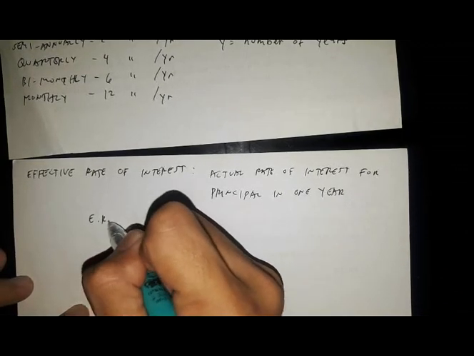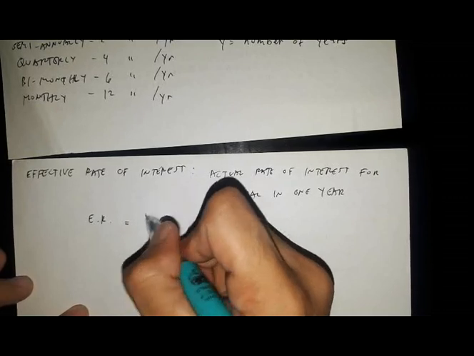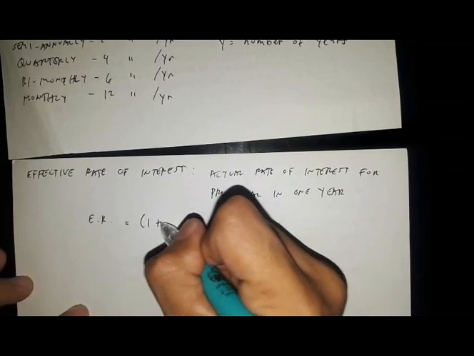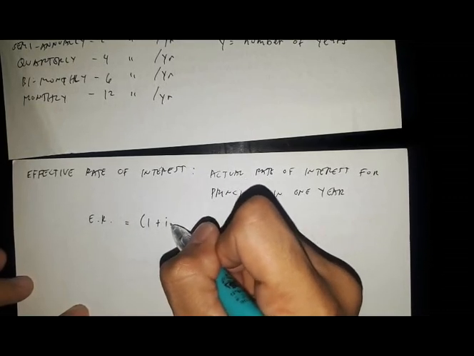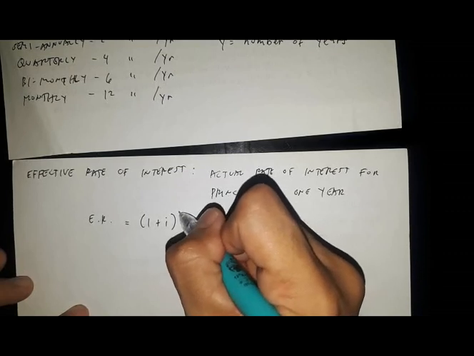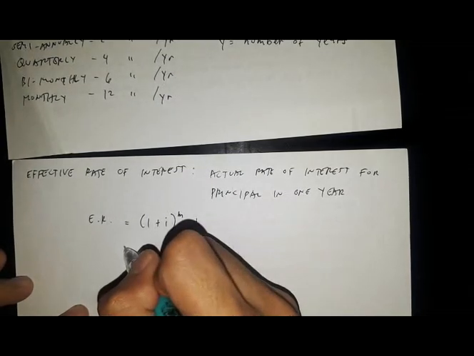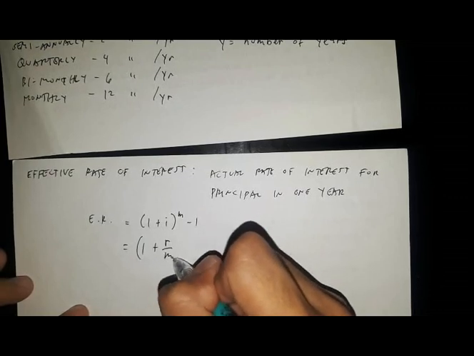So this is defined by the formula for the effective rate: 1 plus I raised to m minus 1, or 1 plus r over m raised to m minus 1.